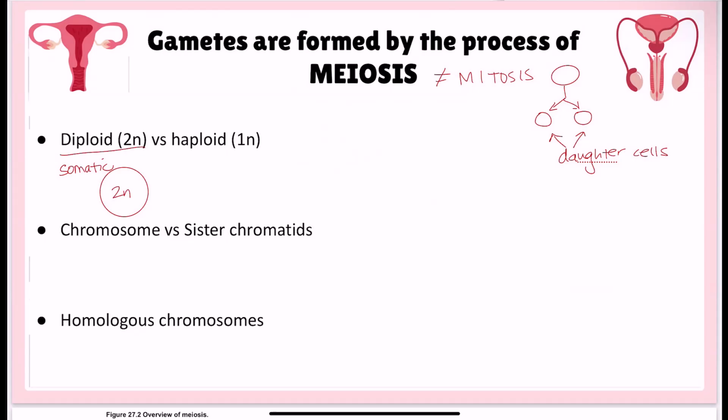Gametes are haploid. Sperm cells and egg cells are haploid, which means that they have half the number of chromosomes, 1N. And that's because when sperm meets egg, if they're each 1N, they would become two copies of chromosomes. So we have one copy of chromosomes from our mom, one copy from our dad.